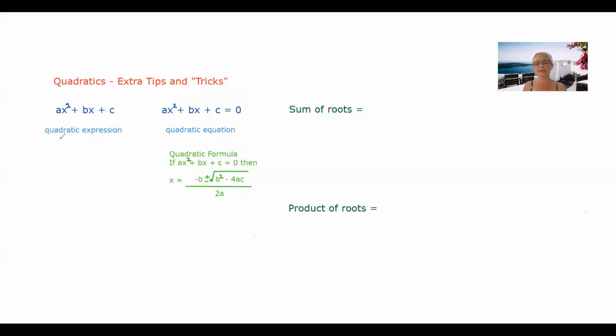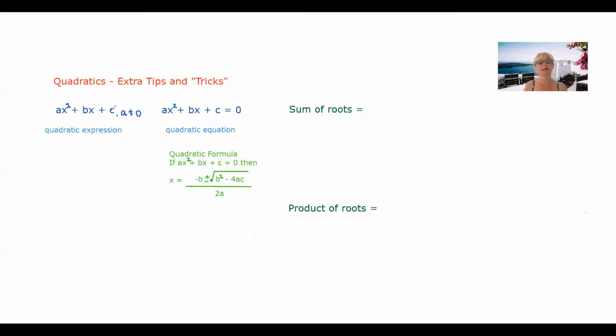Let's just make clear, first of all, the difference between a quadratic expression and a quadratic equation. A quadratic equation has an equals in it, okay? So that's the main difference. A quadratic expression, you can't have a equal to 0. If a is 0, then you don't have a quadratic anymore.